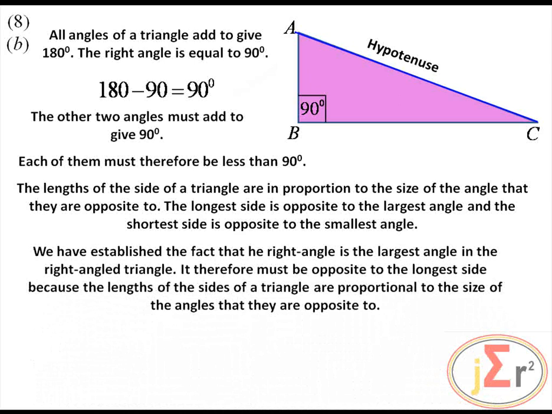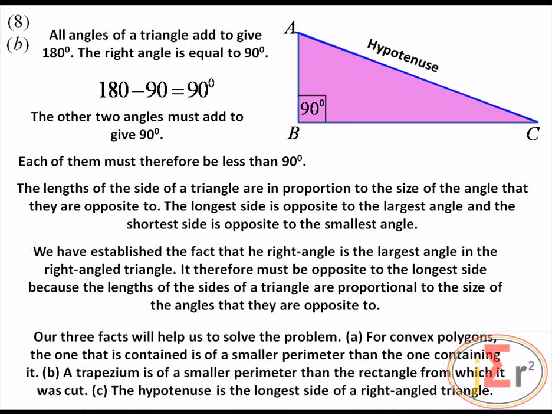We have established the fact that the right angle is the largest angle in the right-angled triangle. It therefore must be opposite to the longest side, because the lengths of the sides of a triangle are proportional to the size of the angles that they are opposite to.